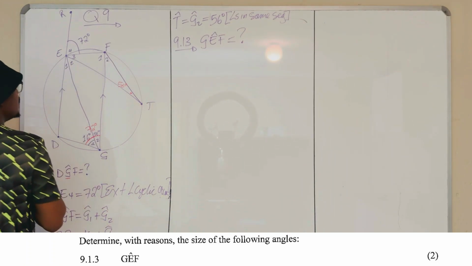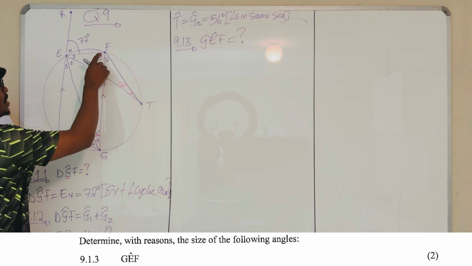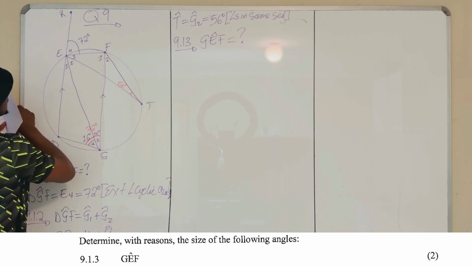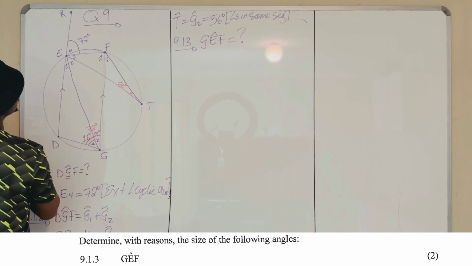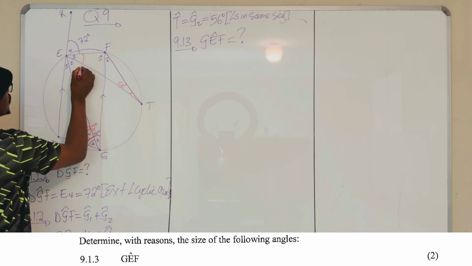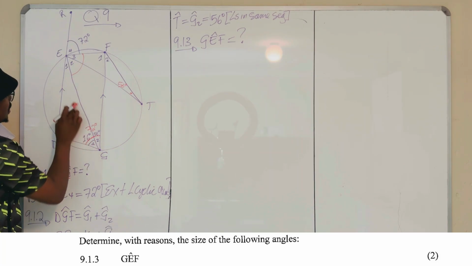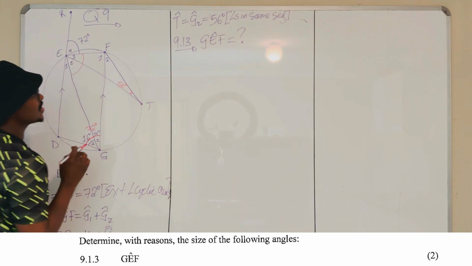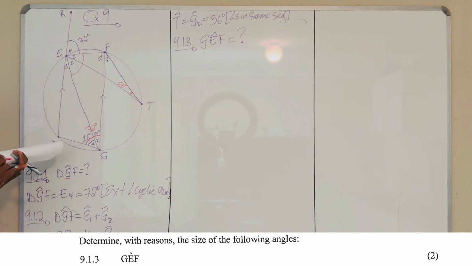Angle E is formed by GE and EF. So we want to find this angle over here. Because look, it's GE and EF. So that's the angle that they want.